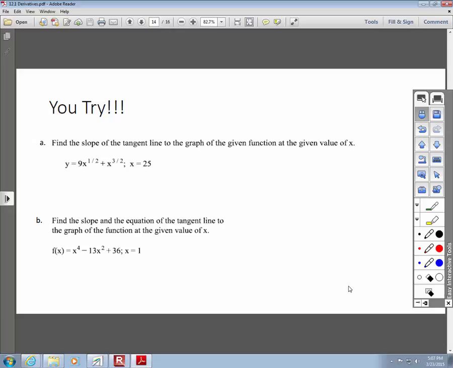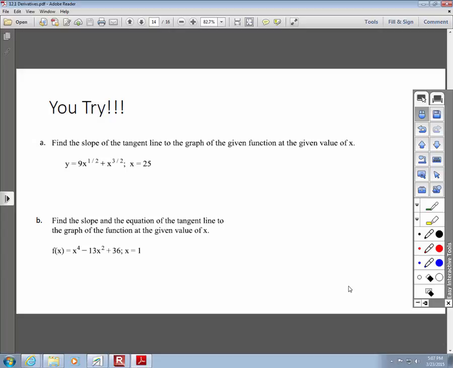So therefore, I can rewrite this as y prime equals 9 over 2 times the square root of x plus 3 times the square root of x over 2. So all we got to do is plug that 25 into x, right? So we got y prime equals 9 over 2 times the square root of 25 plus 3 times the square root of 25 over 2. Well, what's the square root of 25?